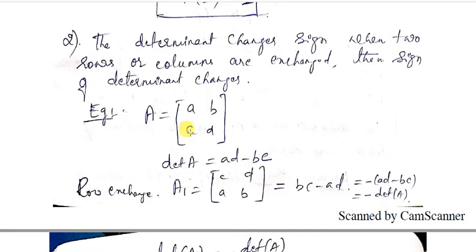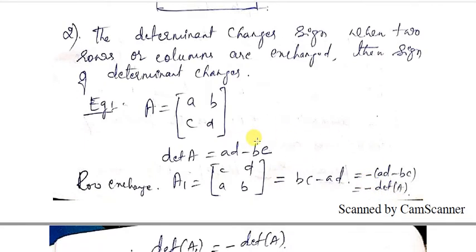After exchanging the rows, we get an equivalent matrix, represented by A1, equal to [c, d; a, b]. So R1 changes to R2. Let us find the determinant of A1, which gives BC minus AD, which simplifies to minus of (AD minus BC). Since AD minus BC is the value of determinant A, we can write this as minus determinant A.